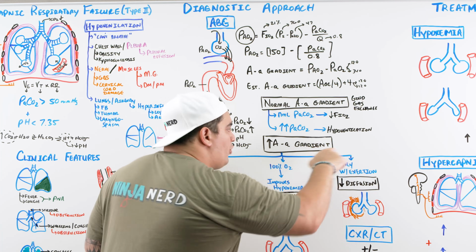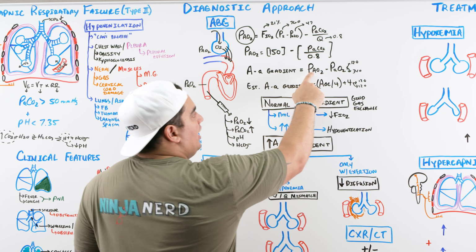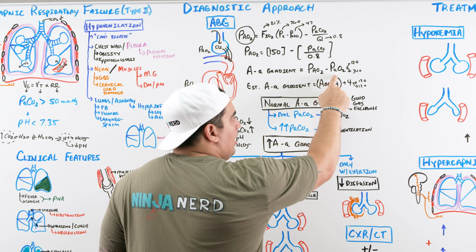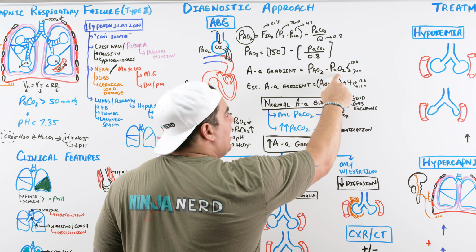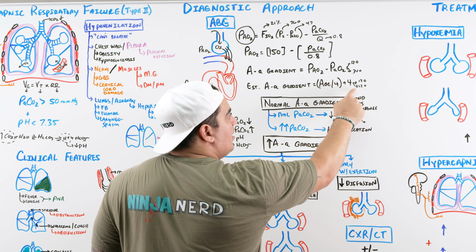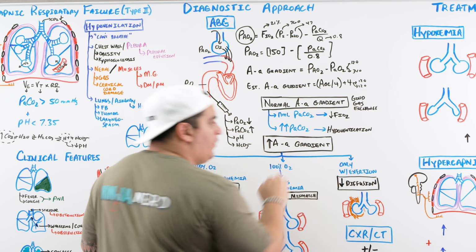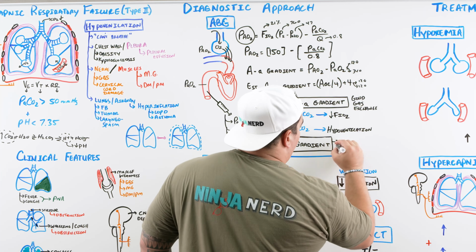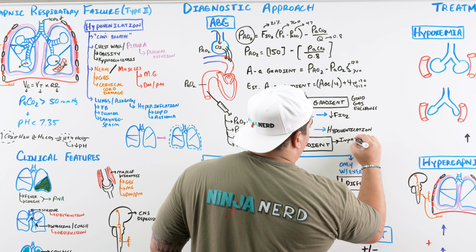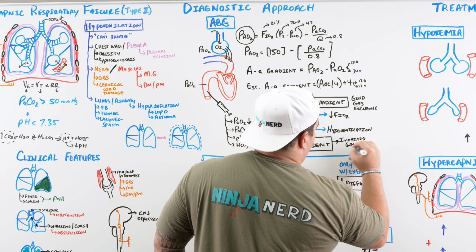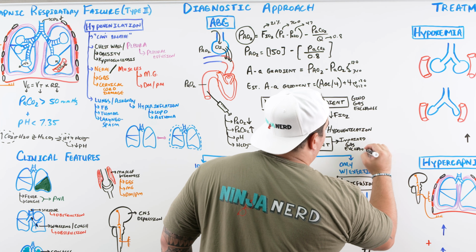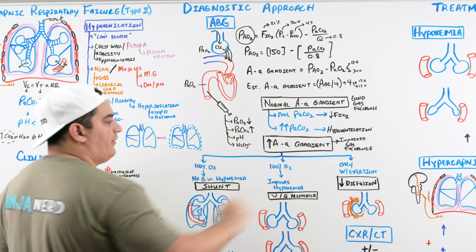When there is an increased AA gradient, what you calculate off of their PaO2 and their P-little-a-O2, in comparison to their actual estimated, if it is much, much higher, that's an increased AA gradient. That tells me that there is impaired gas exchange. And what that will help me to determine is my differential.